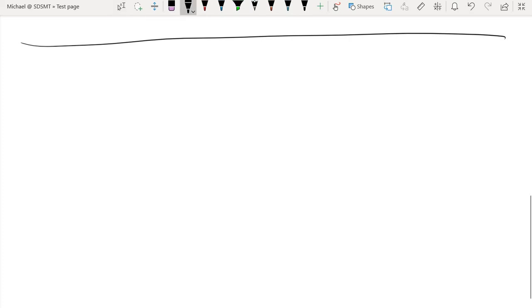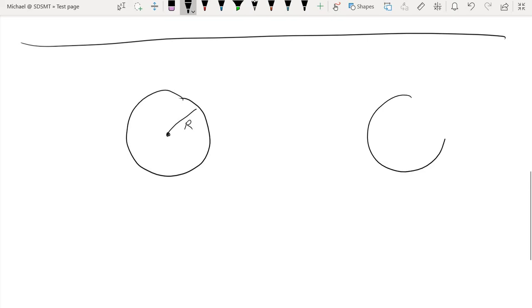So we'll go ahead and take two large spheres of radius r, and these spheres will have identical geometry. They'll be made of the same conducting materials.